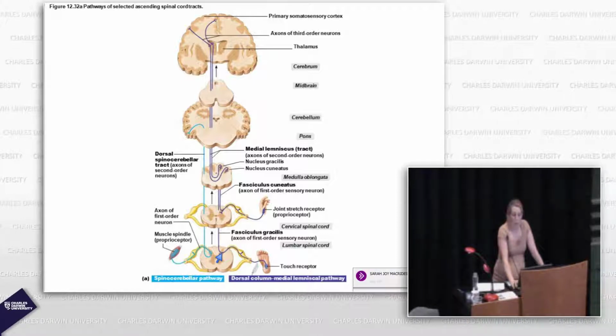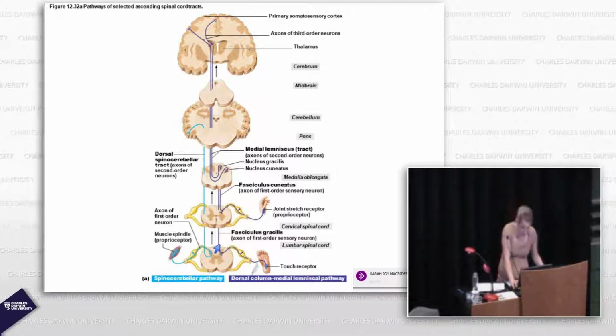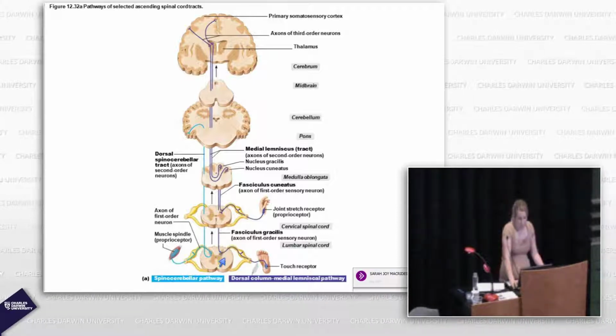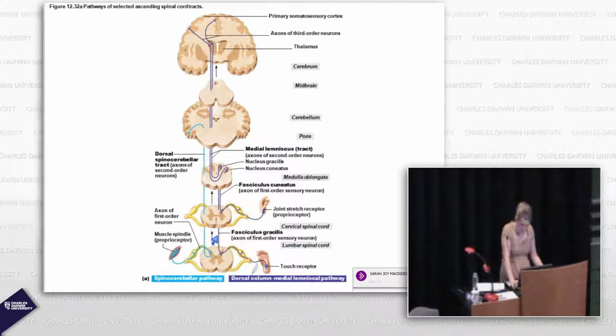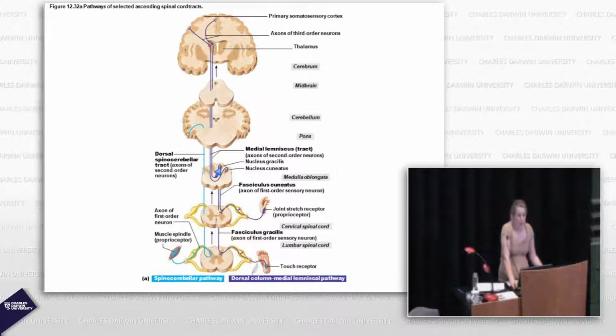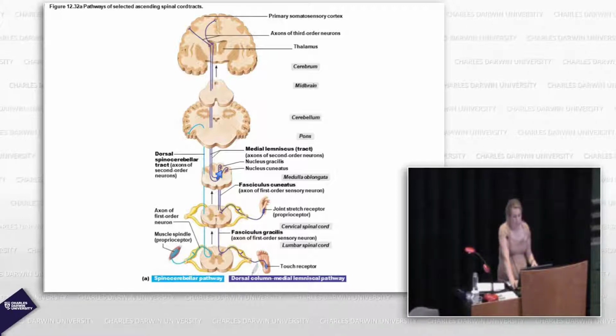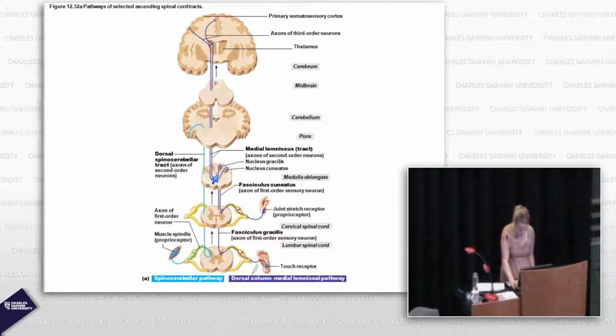It then travels up the spinal cord through those fasciculus that we looked at before. So this is still the first order, and then it gets to the medulla, where it synapses with the second order neuron, before travelling up to the thalamus.